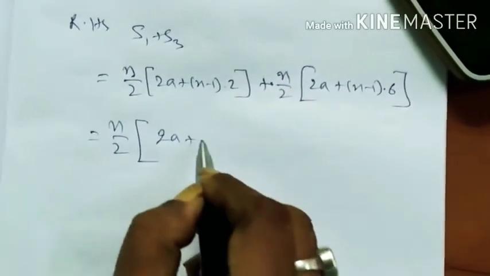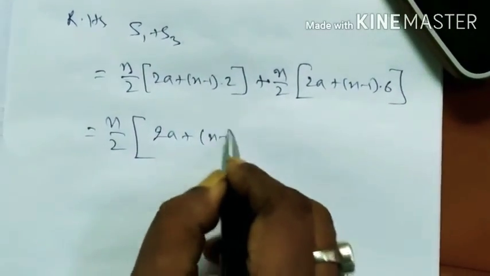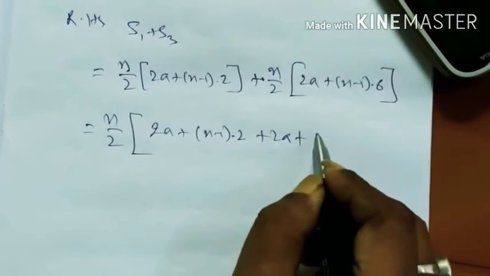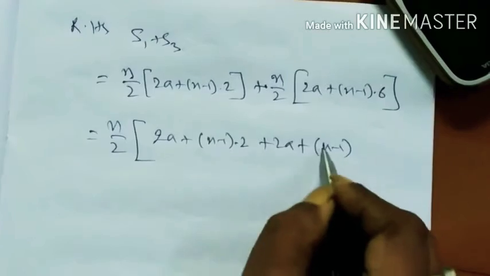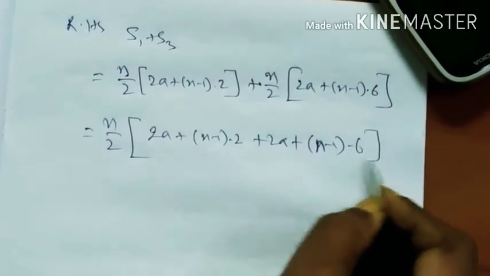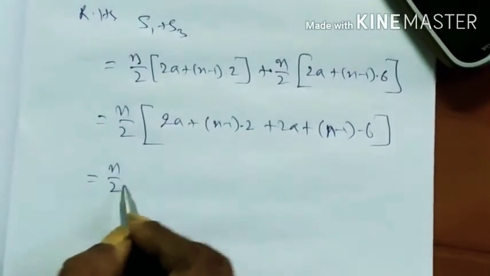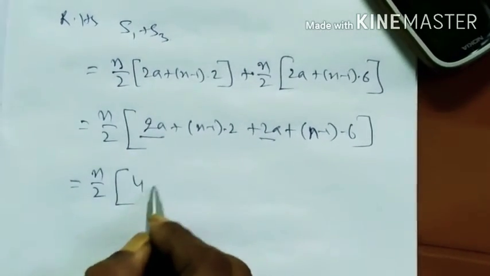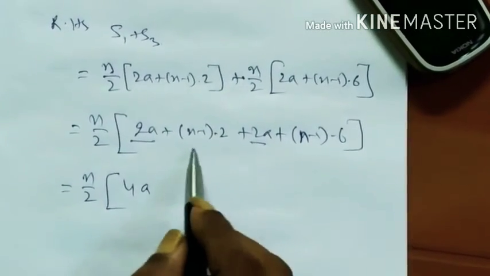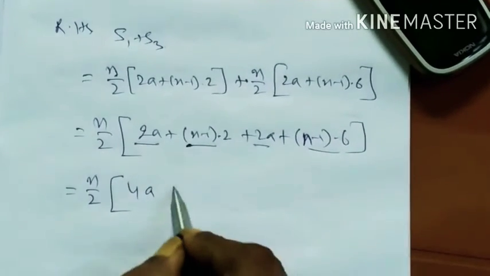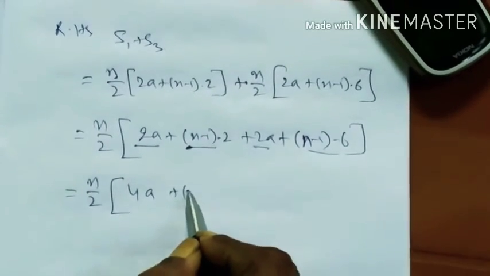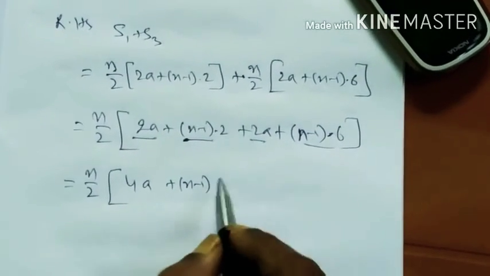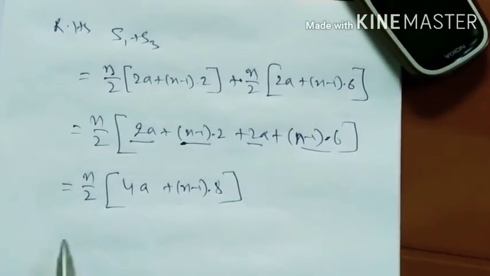So 2A plus n minus 1 into 2 plus 2A plus n minus 1 into 6. So n by 2, 2A plus 2A comes out to be 4A. And here n minus 1 is common. So 2 plus 6 comes out to be 8.